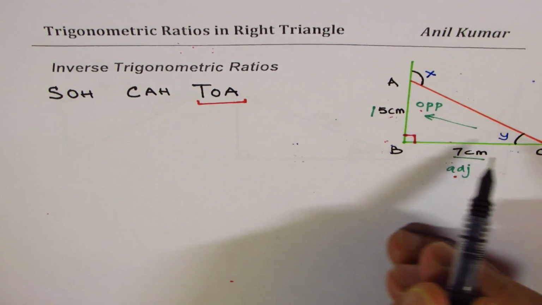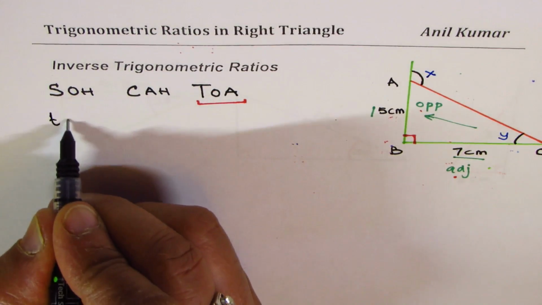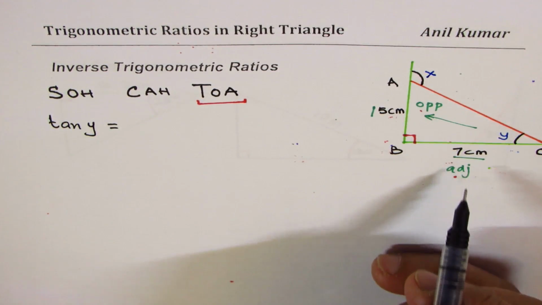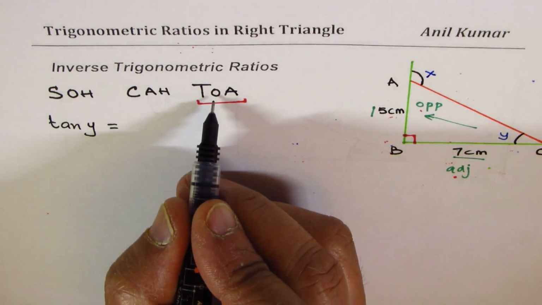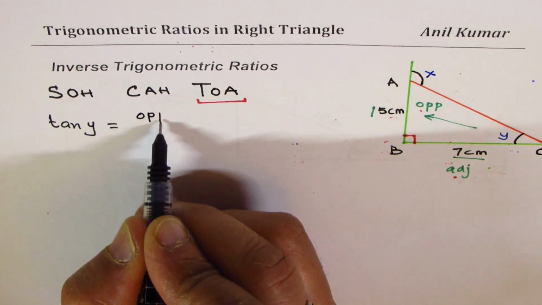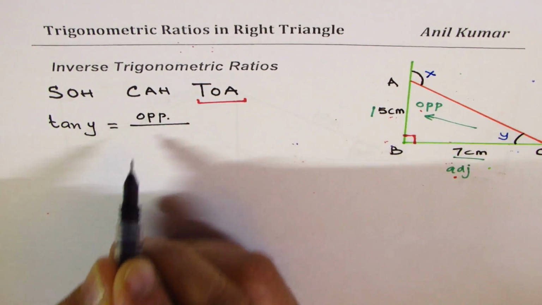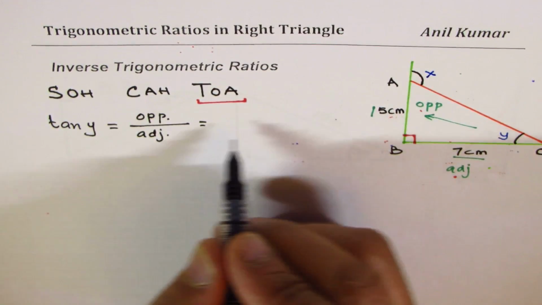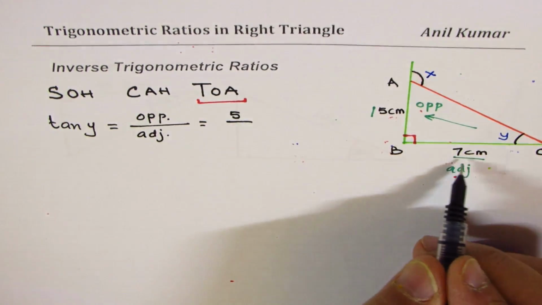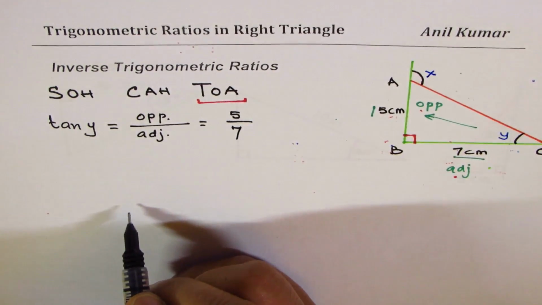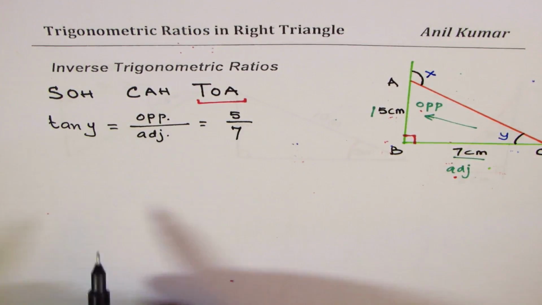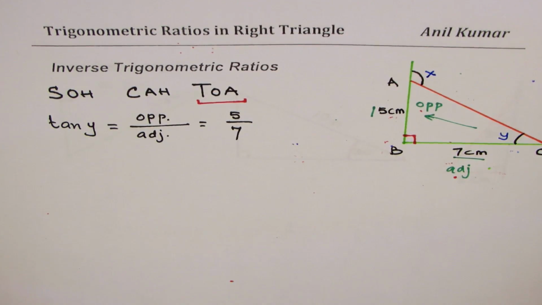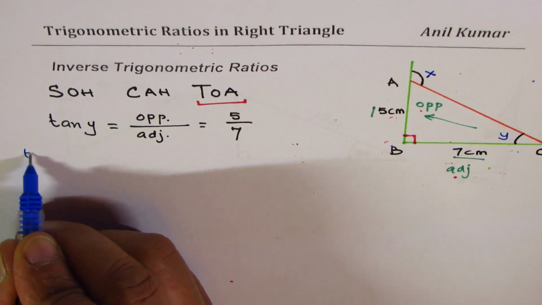Now, tan of y can be written as opposite over adjacent. This is the opposite side, so opposite, in short, over the adjacent side. Is it okay? Now the opposite side is given to us as 5 centimeters and the adjacent is 7 centimeters. That is what tan y is. To find the angle y, we actually do tan inverse on both sides.